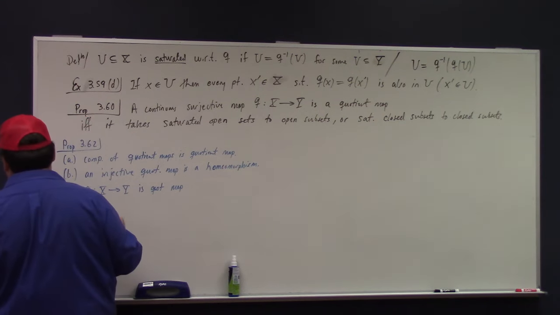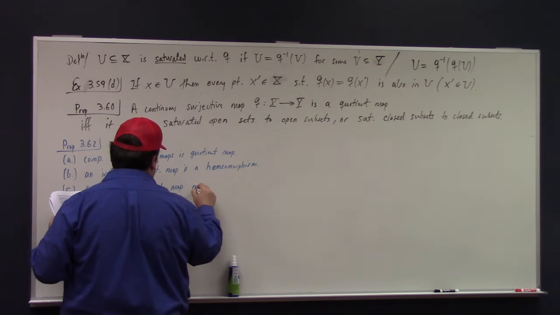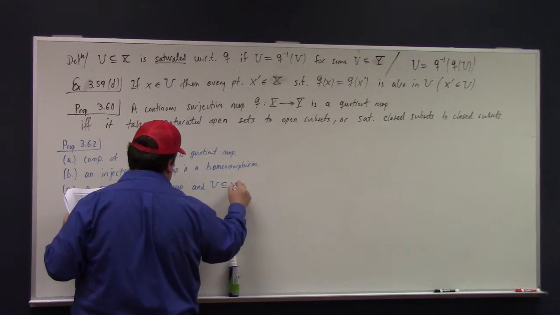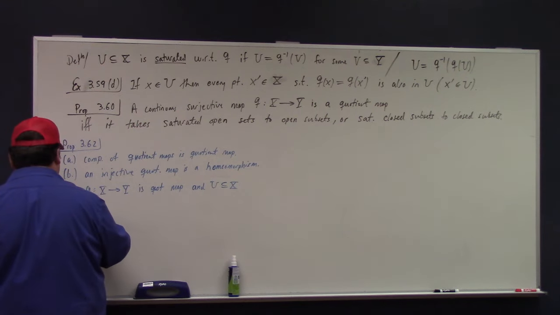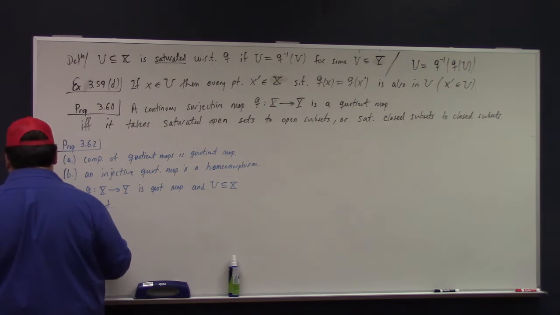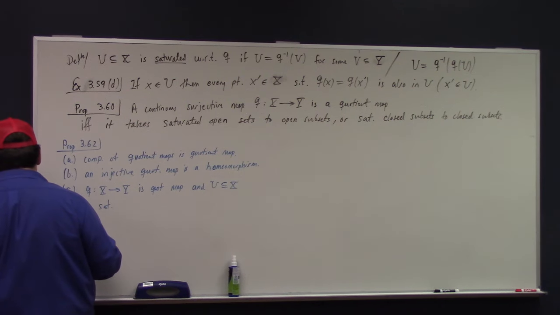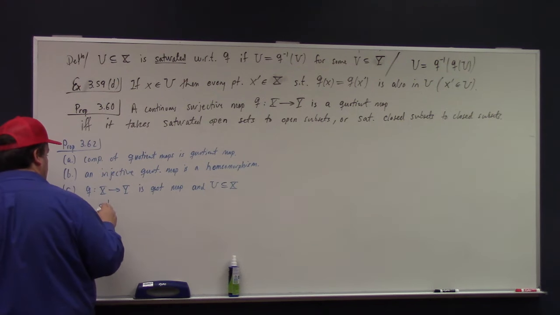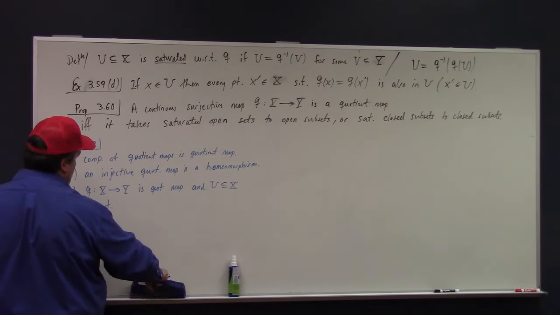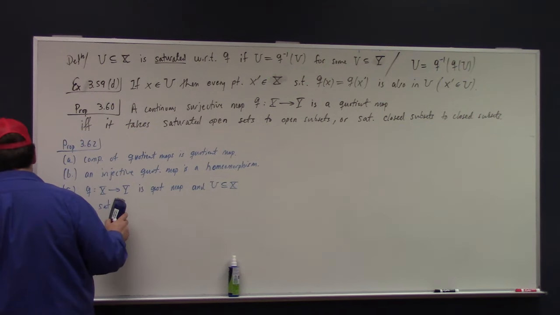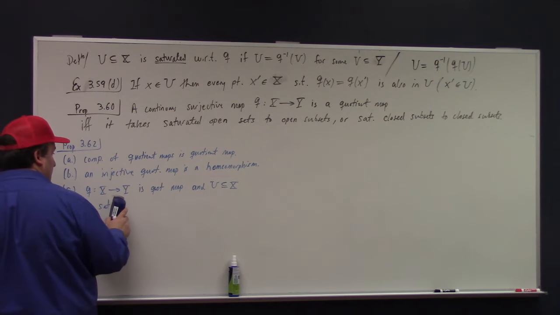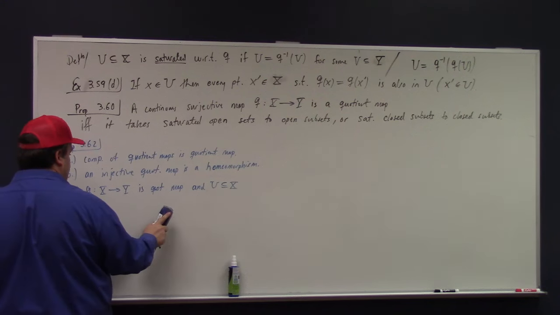I regret writing this out. And U subset of X is saturated. Oh man, I'm sorry, I skipped the D. What's wrong with me? Q is a quotient map. My eyes just jumped the line. Rats.